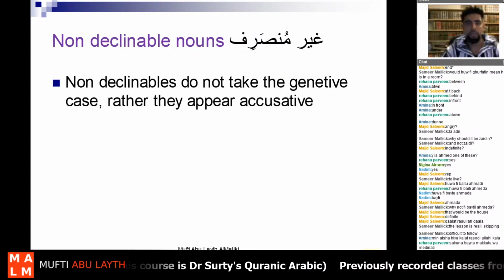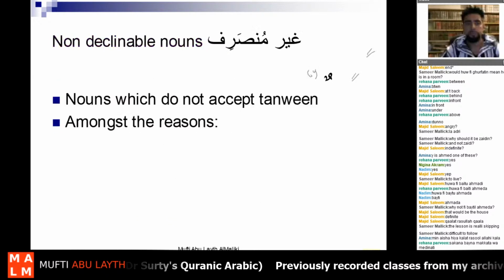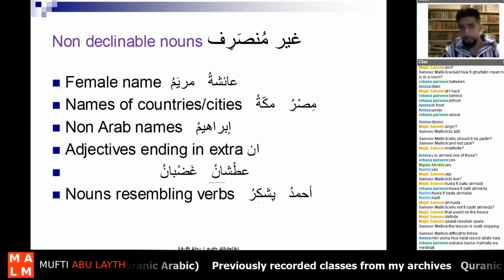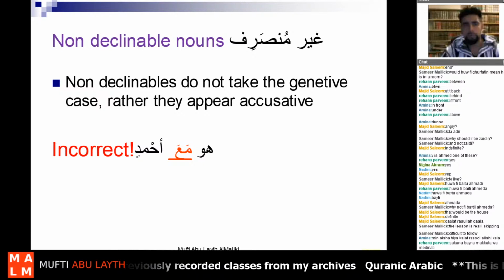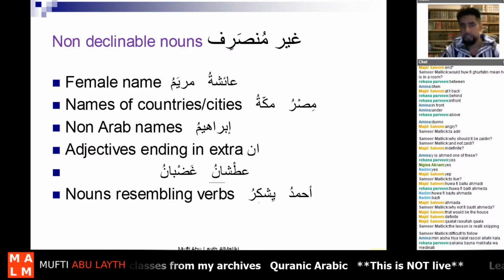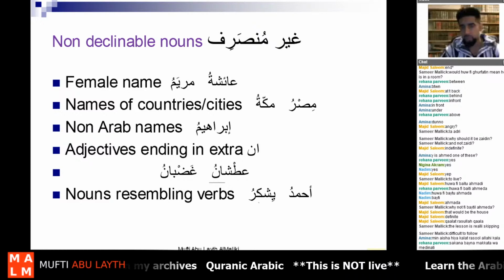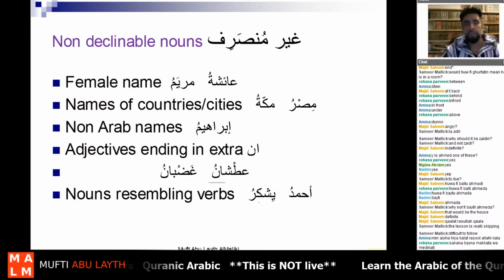We had reasons for them, just to recap to you: one, a feminine name, right? So you had names like Aisha, Maryam, names of countries, cities, Misr, and for those of you that weren't aware, Misr is Egypt. Okay, we call Egypt Misr. I'm sure you've probably all heard of that.